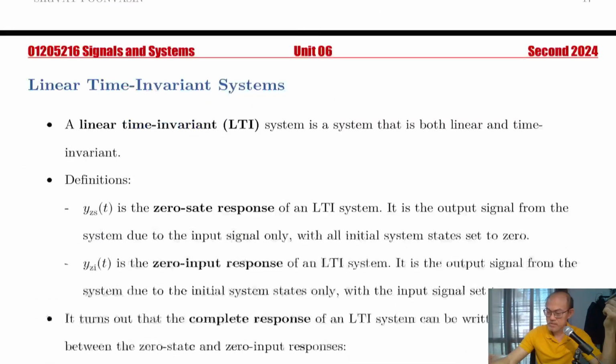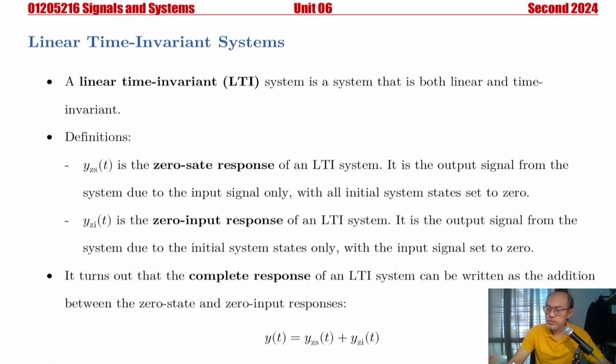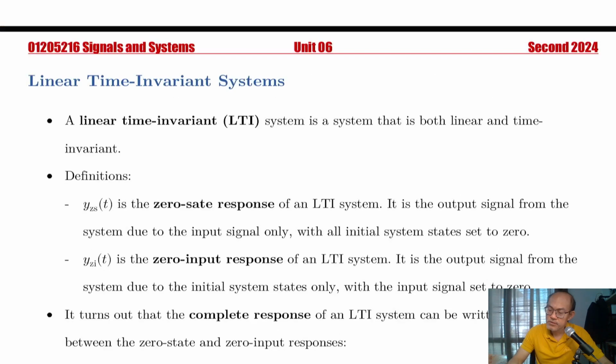Right. So I'm going to move on. Now we have learned a lot of concepts. We have learned how to classify systems. Two of the most important properties of systems are linear and time invariant. So this topic will assume that systems are both linear and time invariant at the same time.